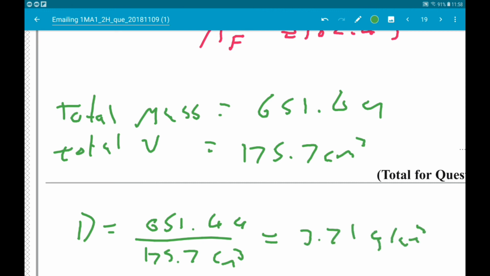You're allowed answers anywhere from 3.7 to 3.8. It all depends on your rounding. Question done. That's exactly why I hate calculator papers.